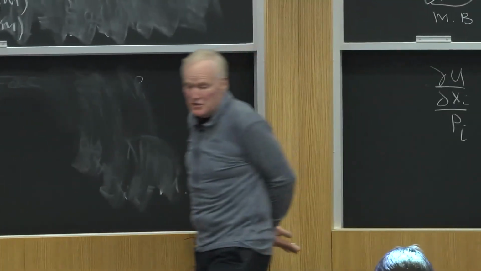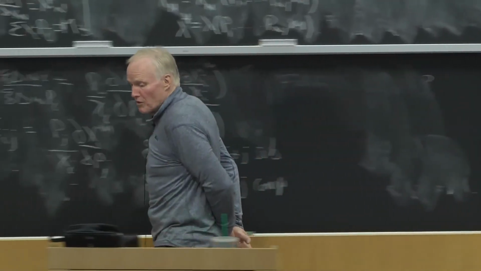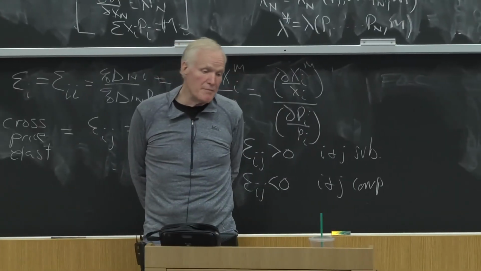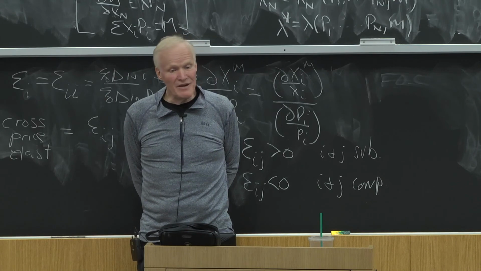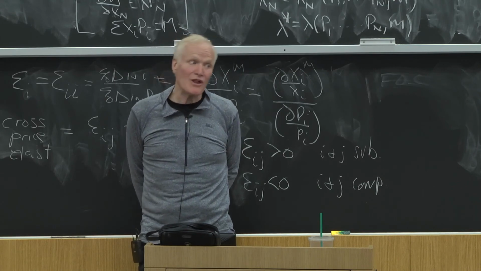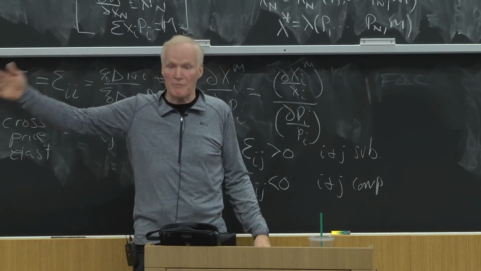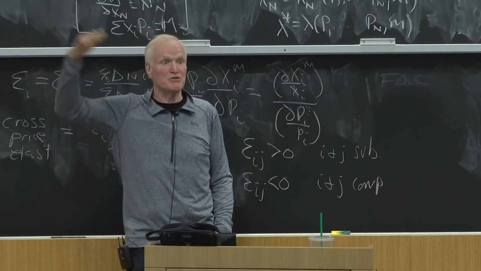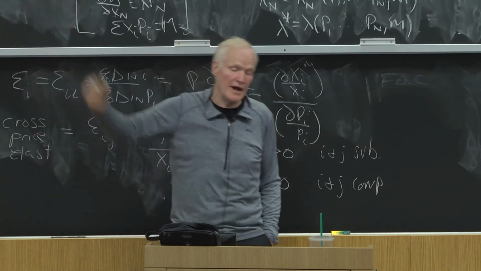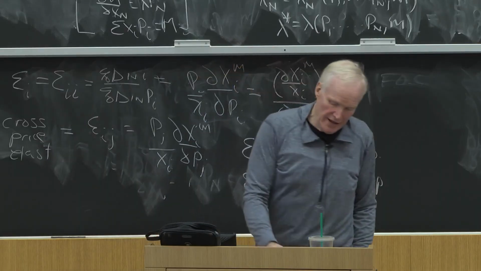Inferior goods are going to be goods that are normal over some income range, but may become inferior at other income ranges. And if you define goods narrowly enough, they'll almost always have that kind of pattern where they're normal for a while and they become inferior as people substitute to even higher quality goods as income goes up.